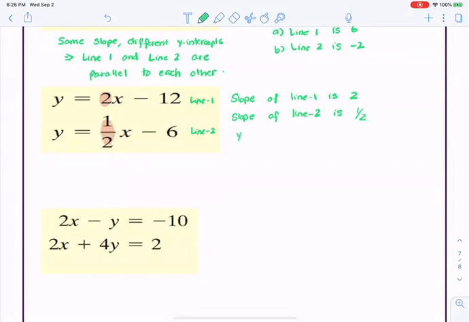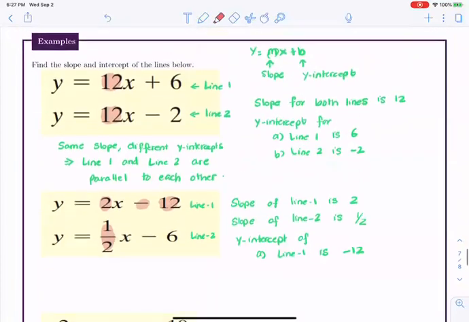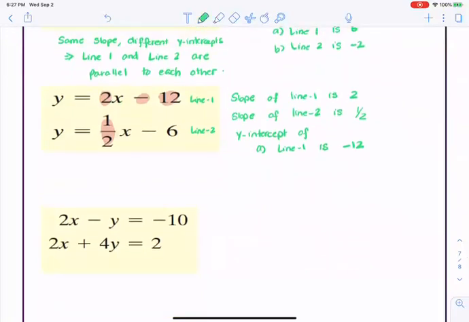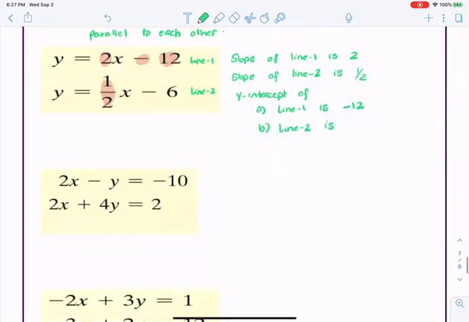And the y-intercept of line 1 is -12, which is right here. You have to include the negative because we have y equals mx plus b as the standard form. And for line 2, it is -6.